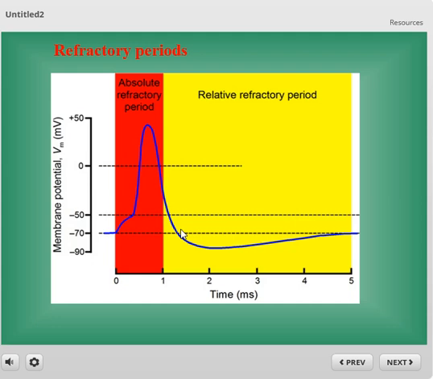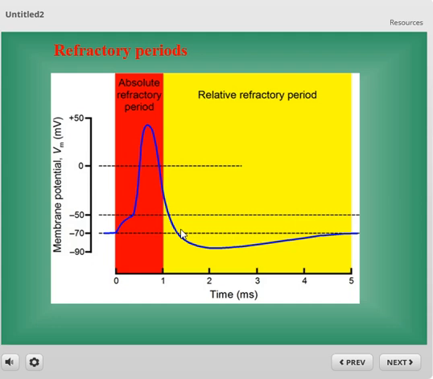But the relative refractory period is the phase following the absolute refractory period, during which a second action potential can be initiated, but only by a stronger than normal stimulus.